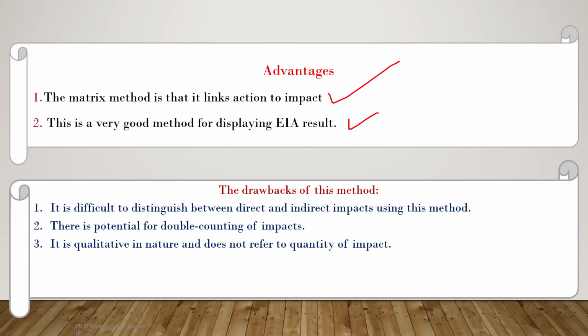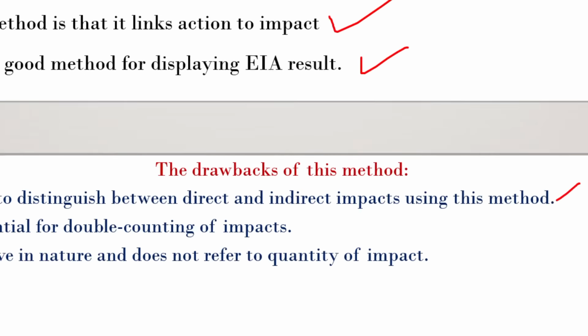Then there are also certain drawbacks of this method. The matrix method may not clearly differentiate between direct impacts and indirect impacts. Direct impacts are the immediate effects of an action. Indirect impacts are secondary or tertiary effects that occur as a result of direct impacts.